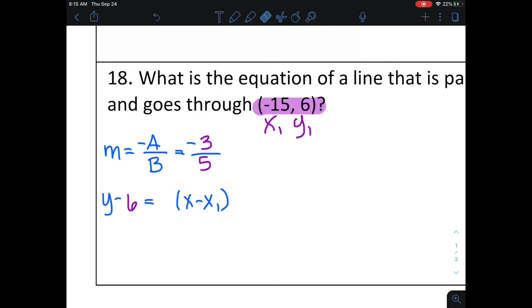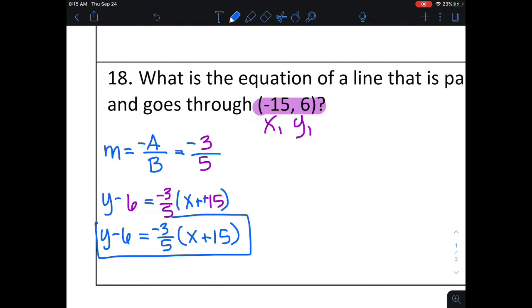We just found the slope, which was negative 3/5. And x1 is negative 15. Okay, there we go. All right, so now let's clean this up. I see a double negative, and so this is going to be y minus 6 equals negative 3/5 times x plus 15. And honestly, we're done.